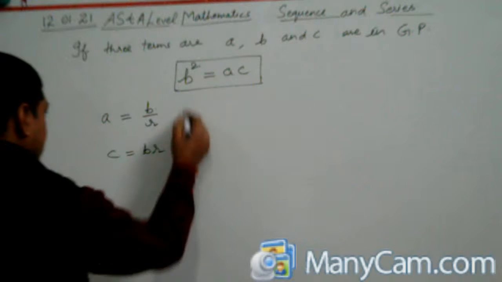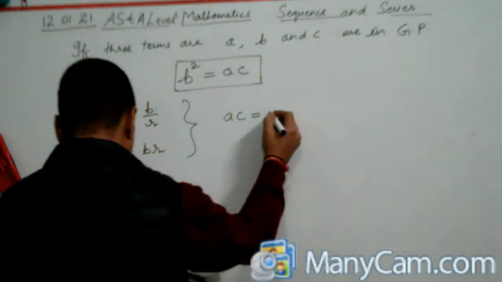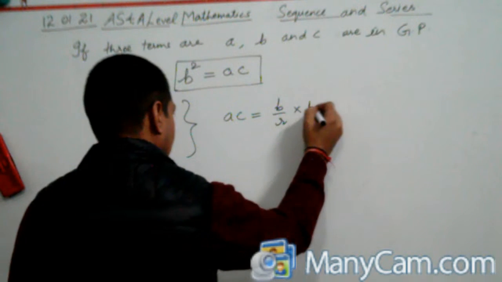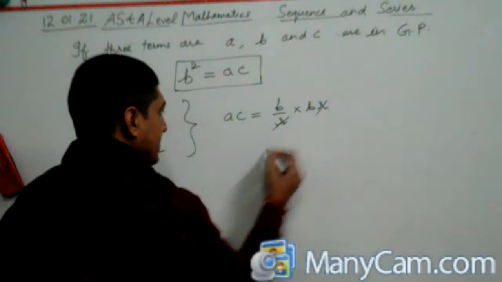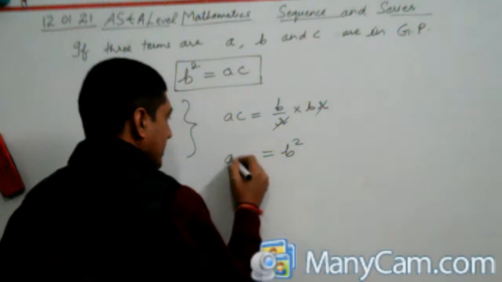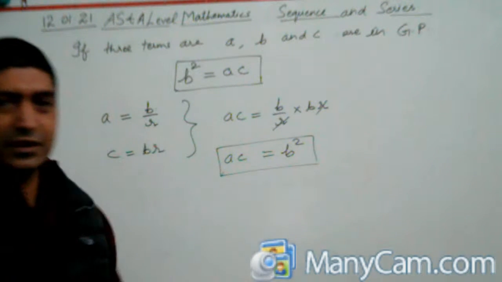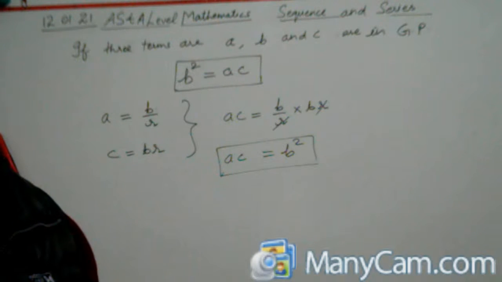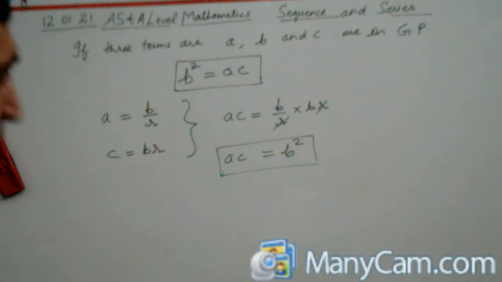So AC is equal to BR into B upon R. The common ratio R and R get cancelled. So we have AC is equal to B square, right? Always, if three terms are in geometric progression, the square of the middle term is equal to the product of A and C.